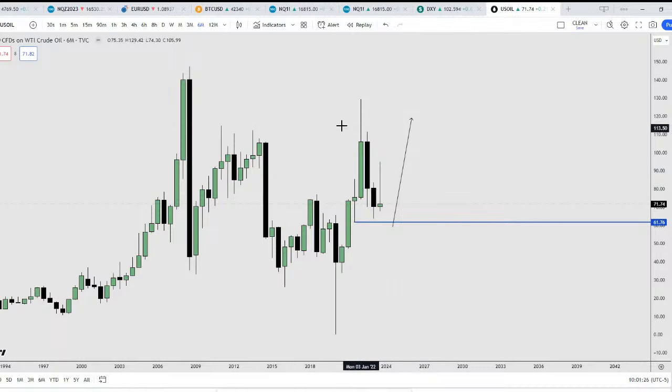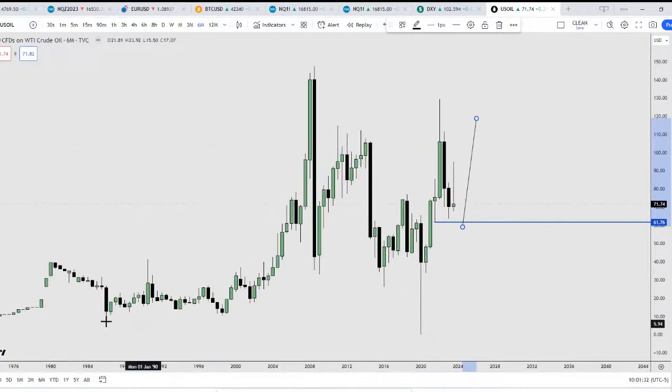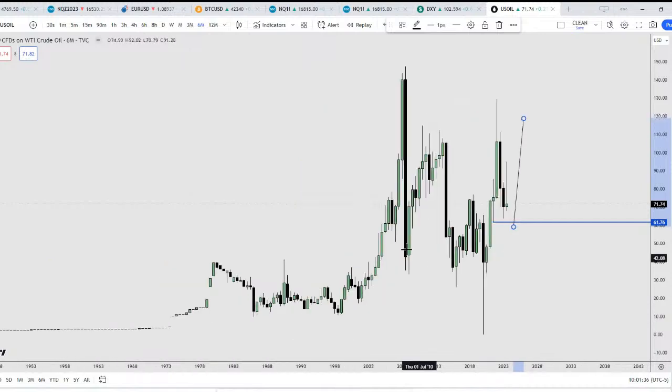Okay, so this is what I'm seeing right down here, because for oil, it has taken out this lows here. I don't think that it's going to go down below this lows again, right? It has taken out all the sell stops, and right now it's going to run for buy stops as it did right down here, and this high here.